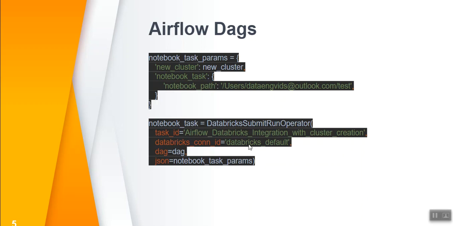By default we use databricks_default. This is the connection configuration we have created through the Airflow admin connections. Third one is the DAG; we need to pass the DAG object here. The final is the JSON, which is the notebook task params, where we enclose the cluster configuration as well as the notebook.